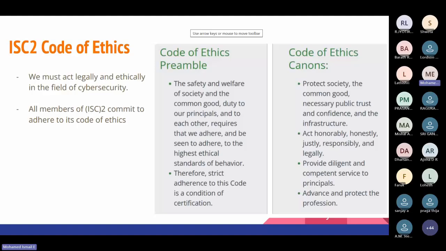So now you need to apply this code of ethics. You need to act diligently, you need to act honestly, you shouldn't hide. That is how they will form the question. So multiple choice questions may come this way, and you need to understand each statement in detail. There are multiple videos available on YouTube about the ISC² code of ethics, so go and watch them and understand better if you need more clarity.